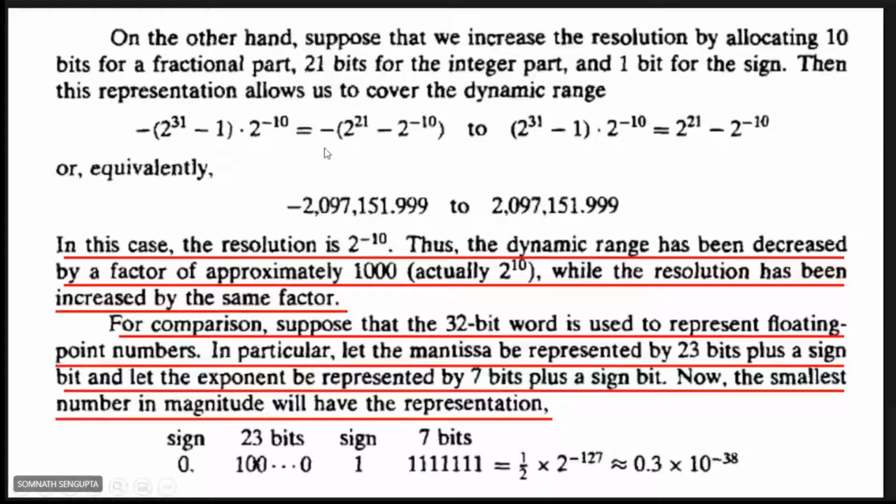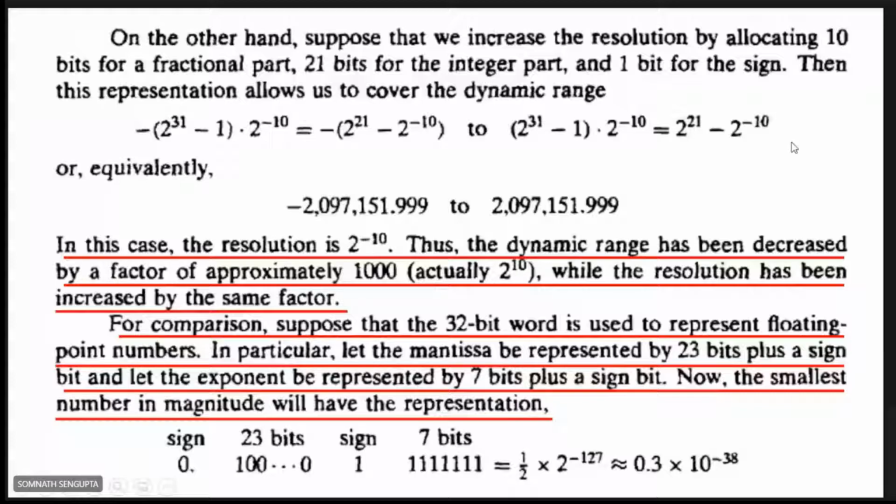If you calculate the series using the formula and go on solving, it comes out like this: 2 to the power 31 minus 1 times 2 to the power minus 10, which is 2 to the power 21 minus 2 to the power minus 10. This is the negative side, and the positive side has the same value, 2 to the power 31 minus 1 times 2 to the power minus 10.